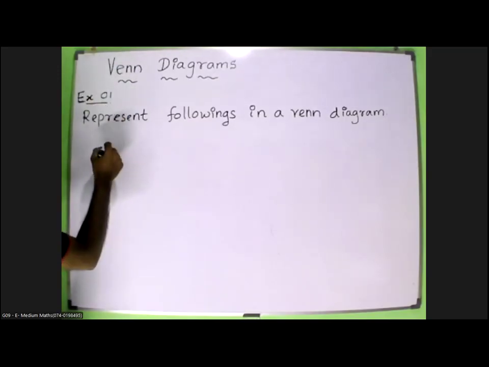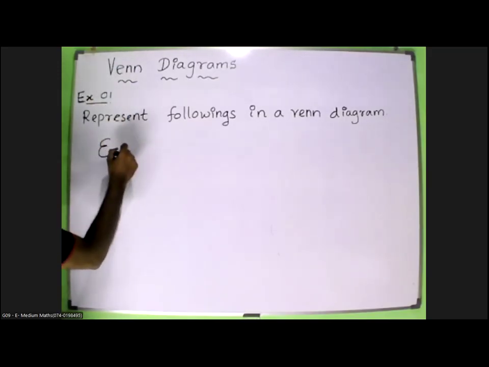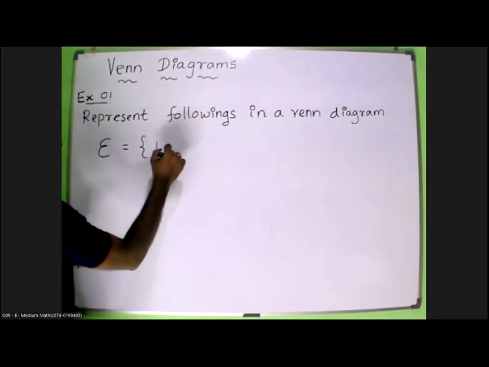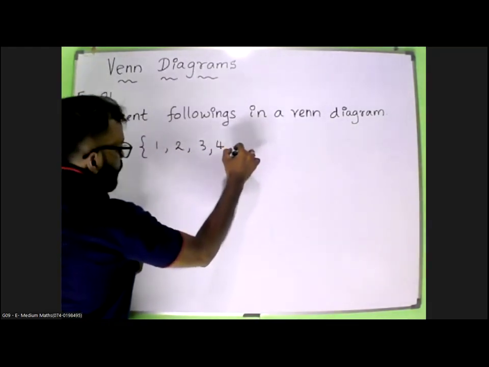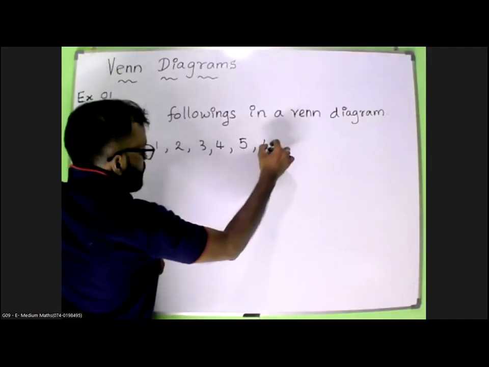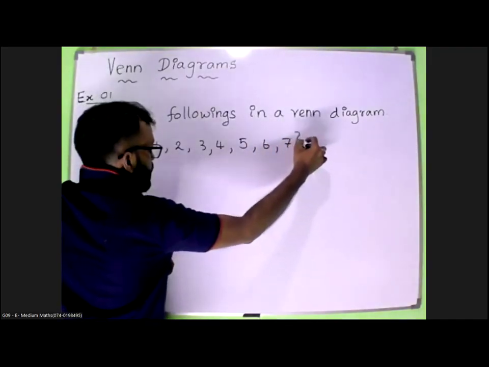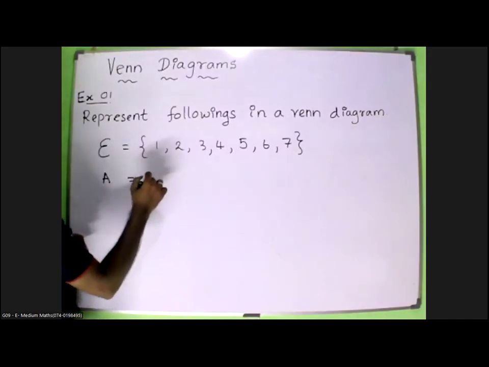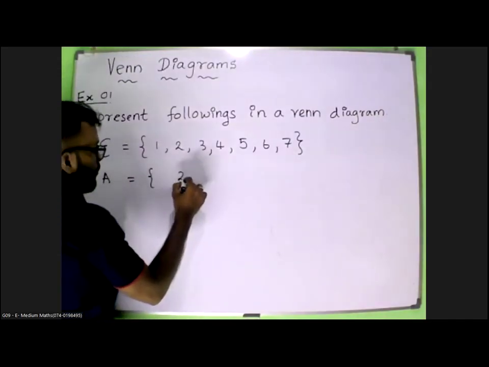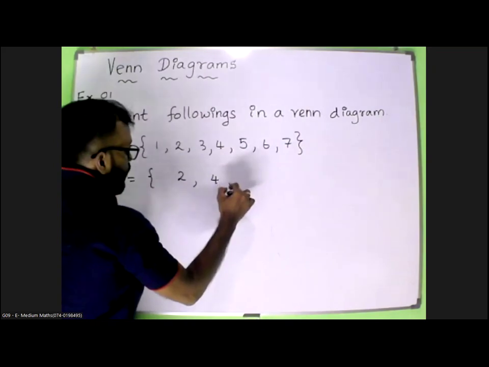So our universal set is 1, 2, 3, 4, 5, 6, 7. And the subset of that is A equals 2, 4, and 6.